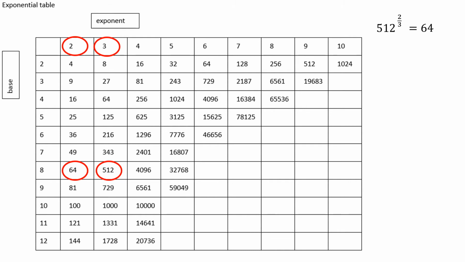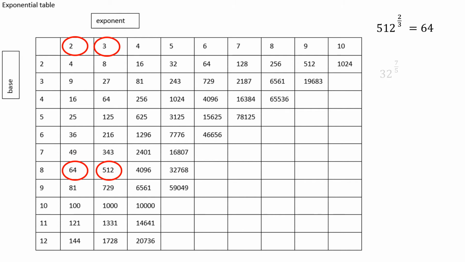Notice if I look off to the left, I'll say, oh, it was 8 to the third power made 512, right? That's where that 8 times 8 times 8 came from. And I say, oh, I have that 512 underneath the exponent of 3, but I want to adjust it so I'm underneath the exponent of 2, notice I'm at 64.